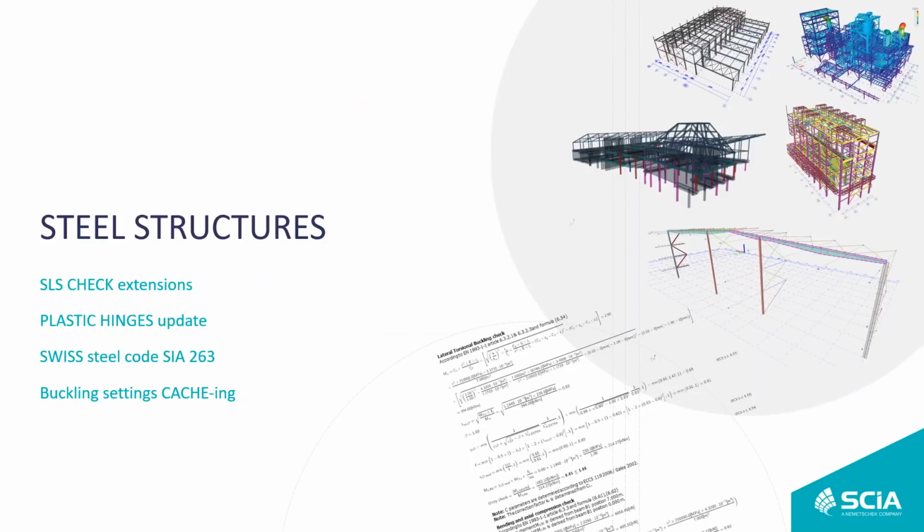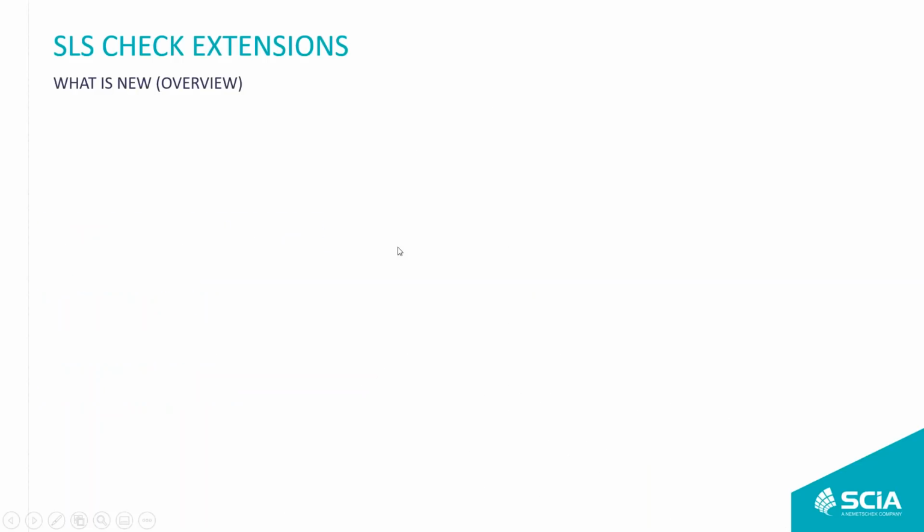Inside the old relative deflection checks, we have improved significantly the serviceability limit state checks. We also updated the plastic hinges functionality. We have a brand new Swiss code according to the SCIA norm 263 and a usability improvement in the buckling settings.